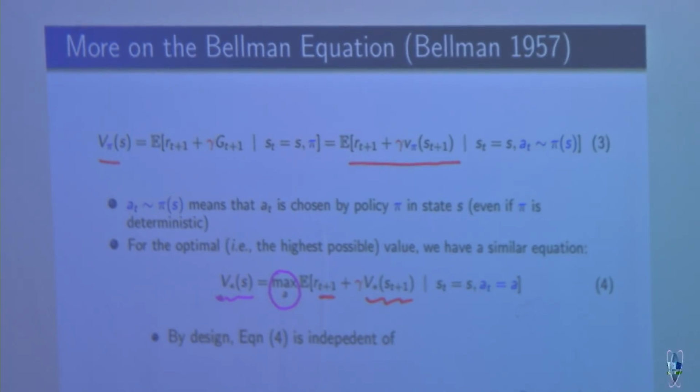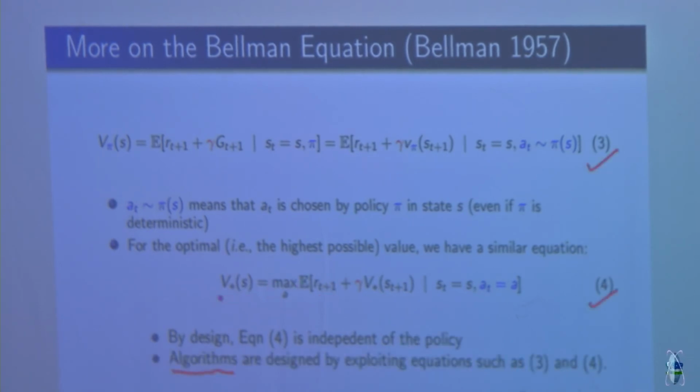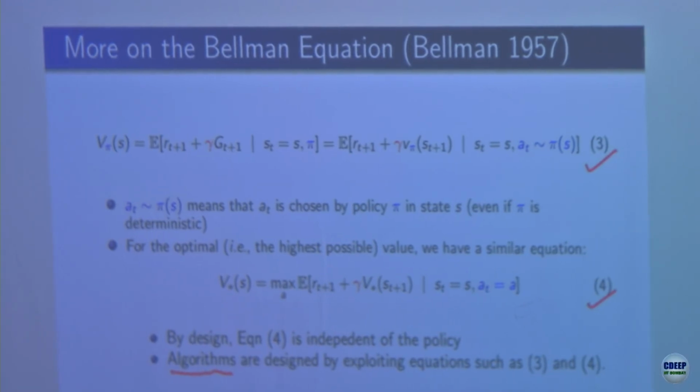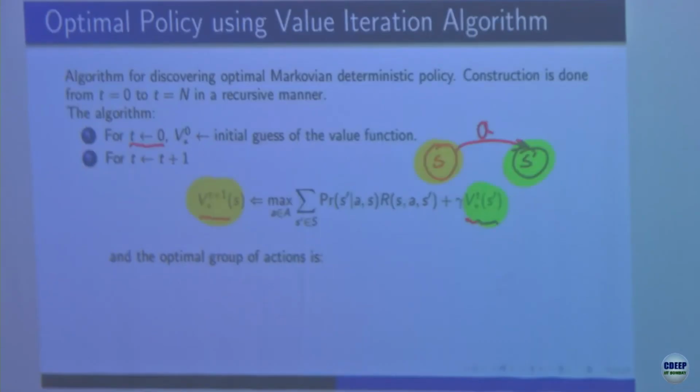So you could do this: V pi S is the expected value of R_{t+1} plus gamma times V pi S_{t+1}, and now if you put a max here, max over all possible actions, in some sense you are getting independence of the policy pi, and so you get this equation 4, right? And this is what you are solving in your lab assignment. And this is the value iteration algorithm.